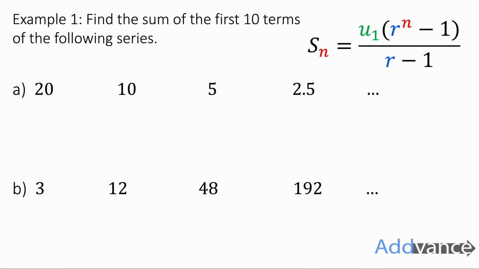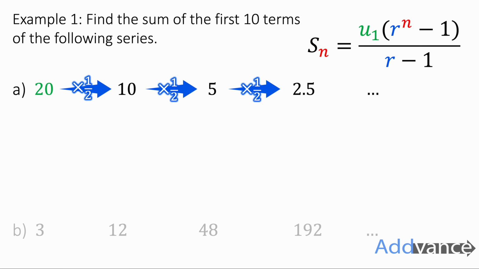So let's look at the first example. We've got these geometric sequences here, and we're going to find the sum of them. Look at the first one. The first term is 20, and the ratio is a half. You can find a half by dividing a term by the previous term: 10 divided by 20 gives you a half.